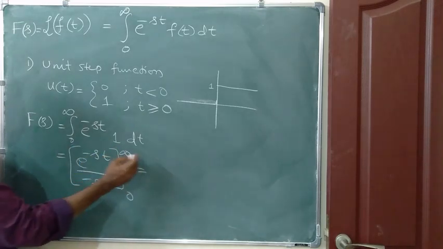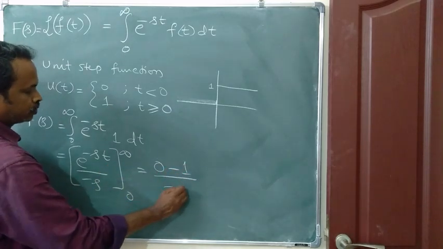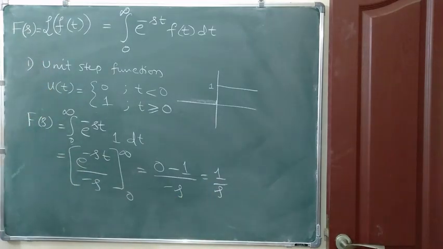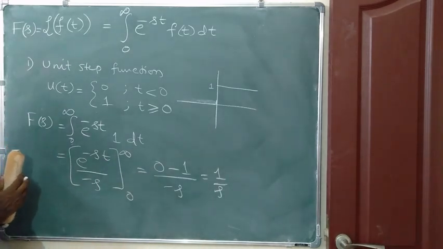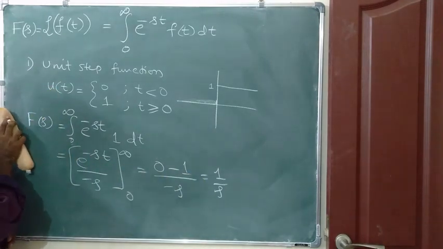When you apply the upper limit, you will get 0, and when you apply the lower limit, you will get 1. So the answer is equal to 1 by s. So the Laplace transform of the unit step function turns out to be equal to 1 by s.